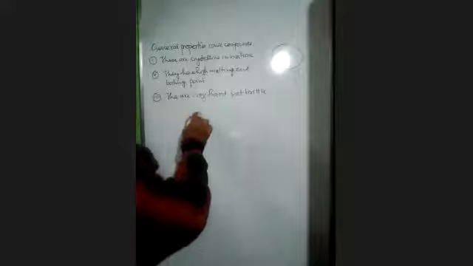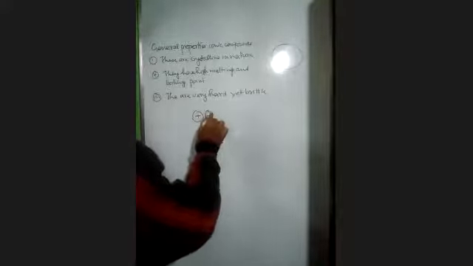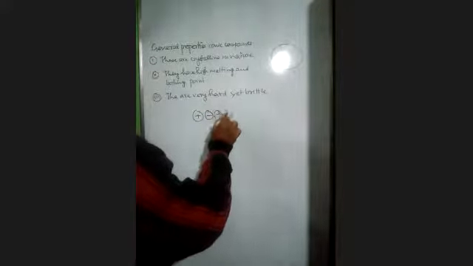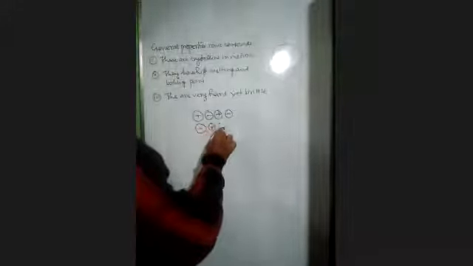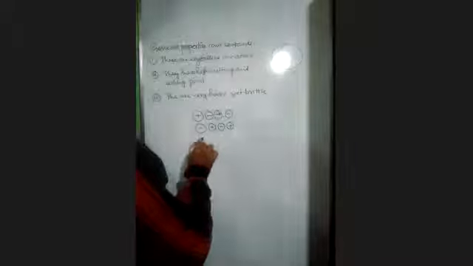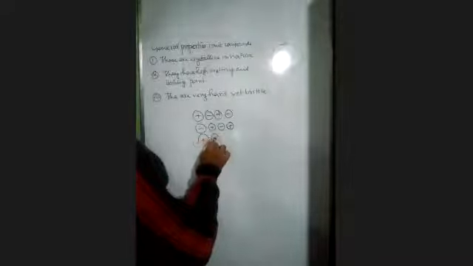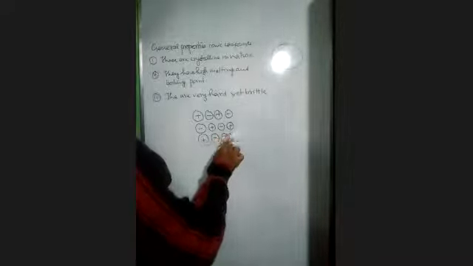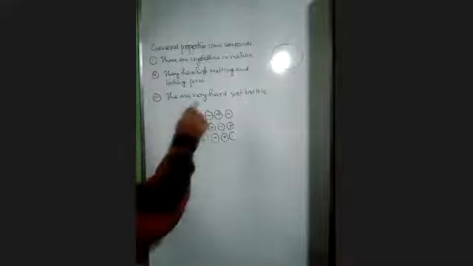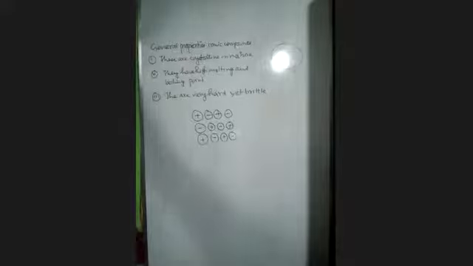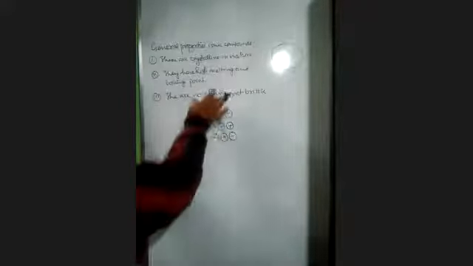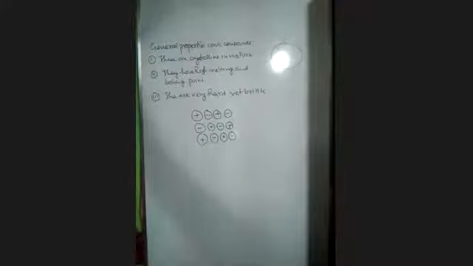See here, I'm just telling you. See, this is plus minus, plus minus, minus plus, minus plus, plus minus. Try to understand. If you don't understand, tell me. See, these ions have come very, very close to each other. They are very compact. So anything which is very compact becomes hard.